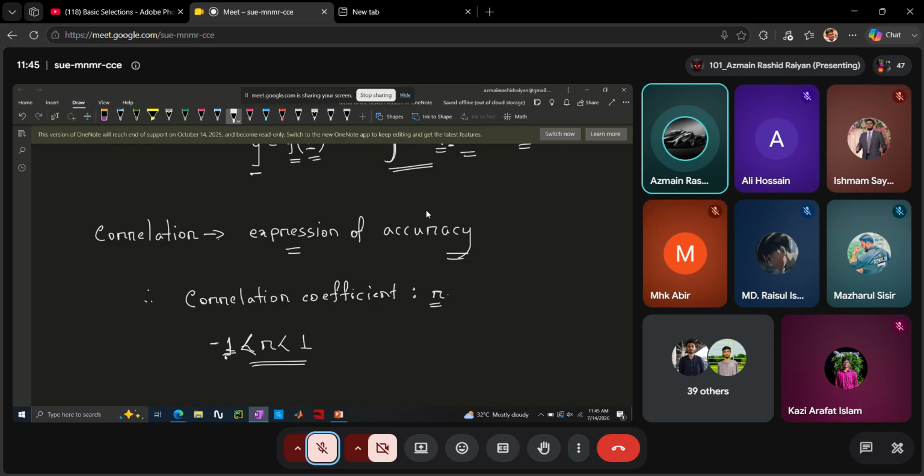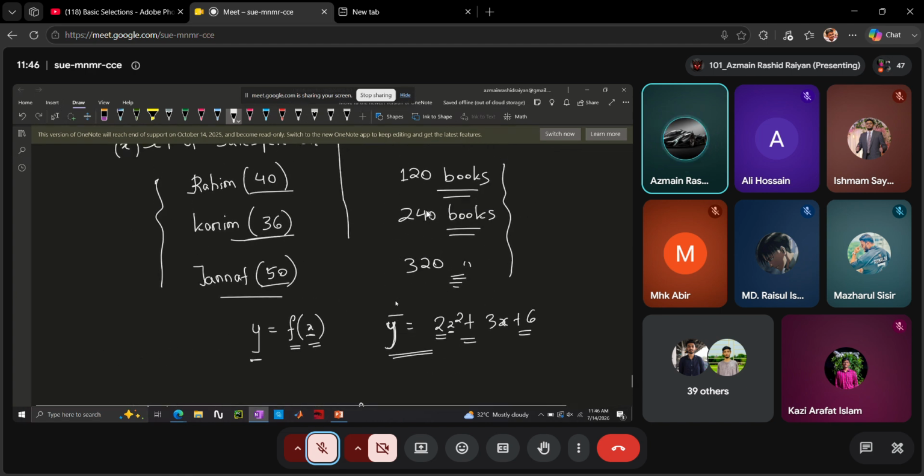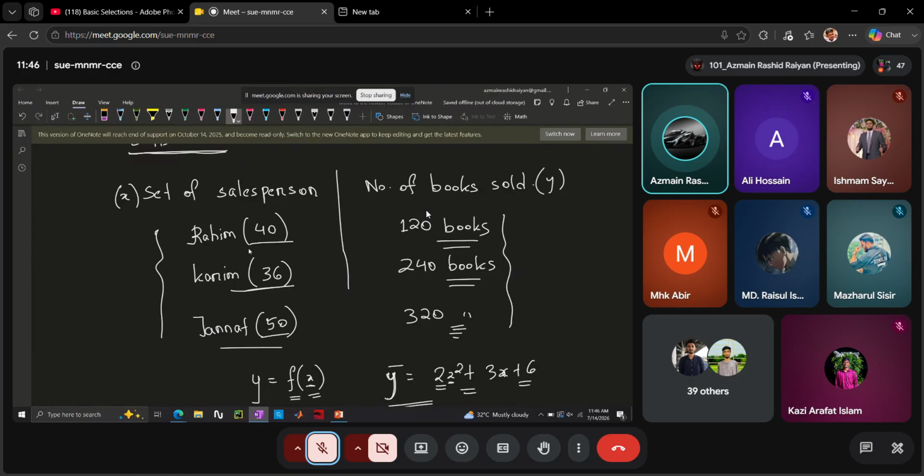What does it mean if the correlation coefficient varies from -1 to +1? The correlation coefficient is basically an expression of accuracy. It means how accurately the regression model captures the behavior. Here we have two sets of data: the number of phone calls received by the salesperson, and the number of books sold by the corresponding salesperson, given as y.